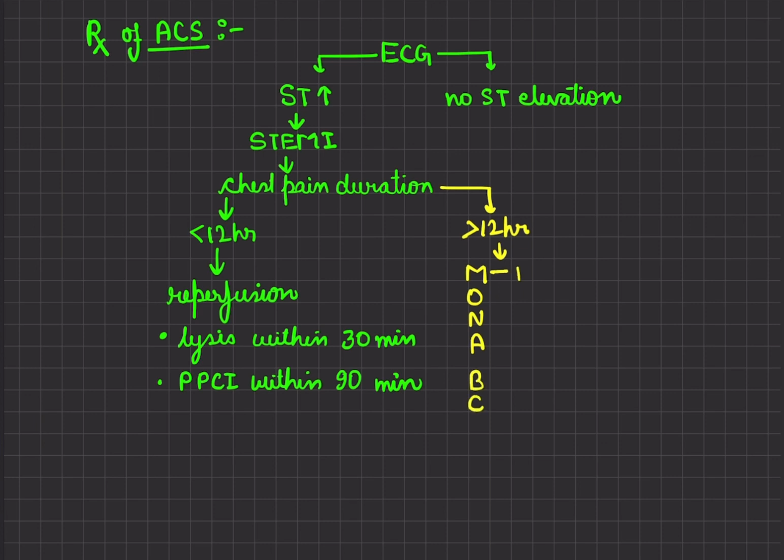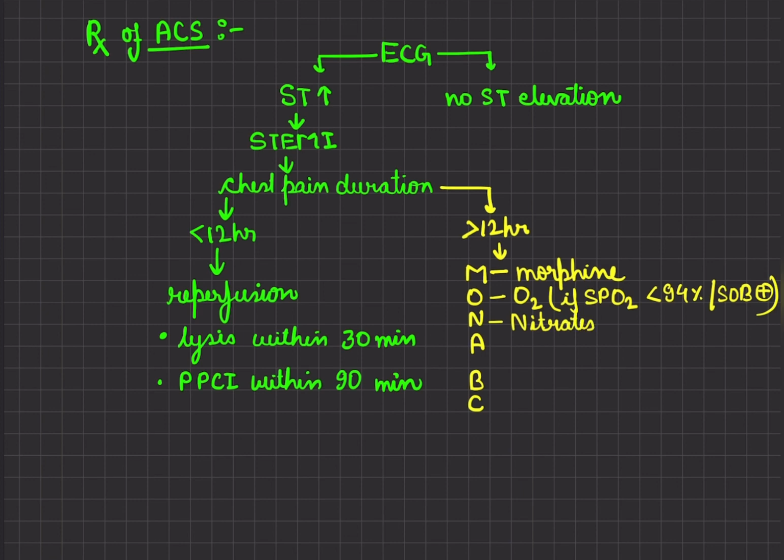M for morphine, O for oxygen only if SpO2 is less than 94% or shortness of breath present. N for nitrates, to decrease preload.